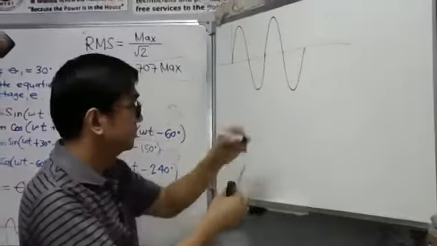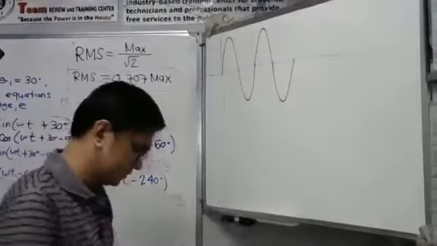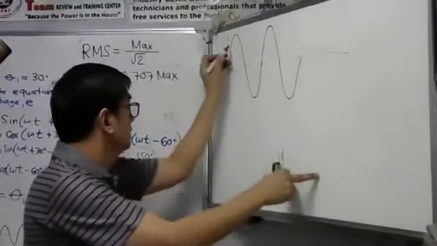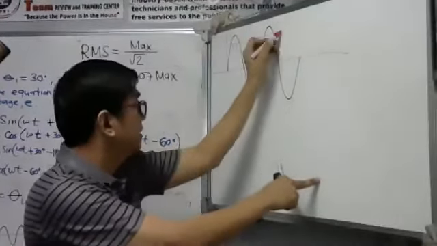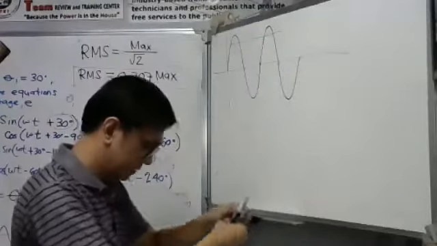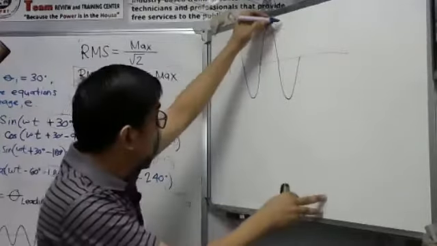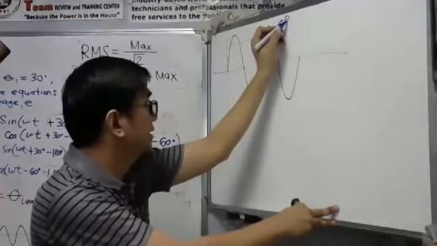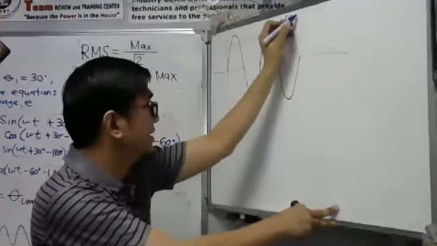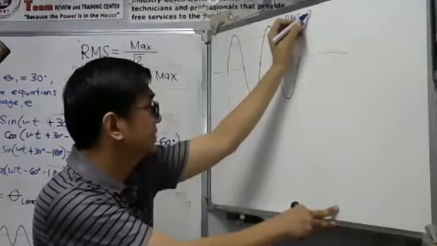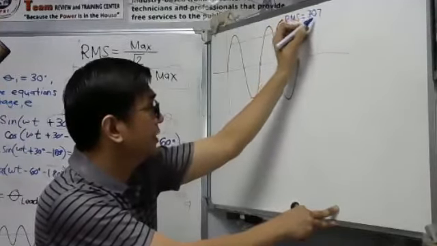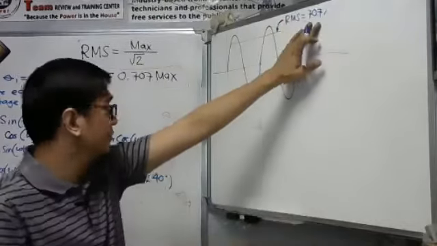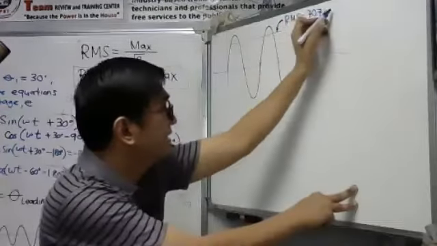Let's say this portion is our RMS value, whether it is voltage or current. So that is the RMS value, which is 70.7% or 0.707, of course, of the maximum value.